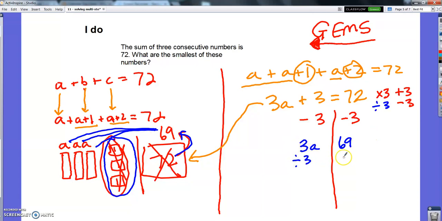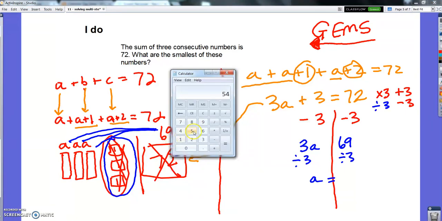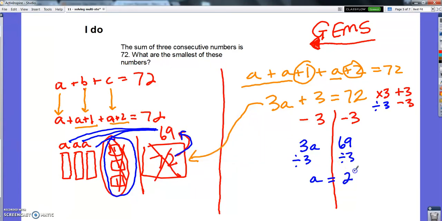Divide by 3, divide by 3, and I get that A equals 23, which I believe is what we got yesterday too. 3 times 23 is 69, plus 3 is 72. So that's my answer.